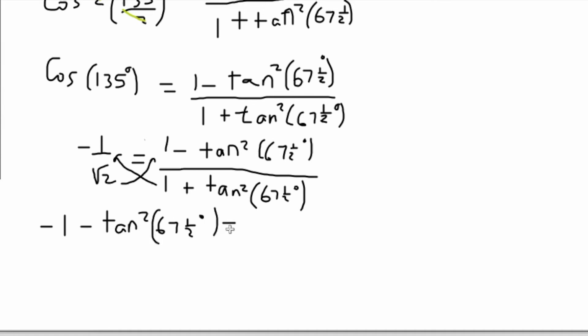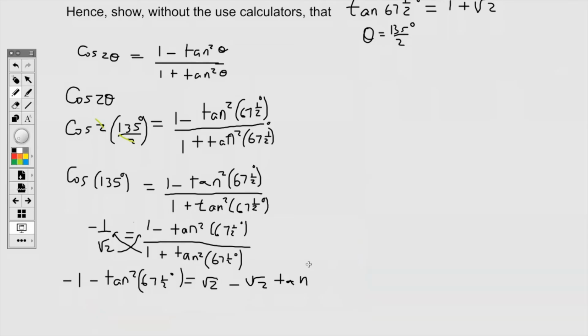On the next side, I multiply root 2 times 1, that's root 2, and then root 2 times minus tan square 67 and a half degrees, I'll have minus root 2 tan square 67 and a half.